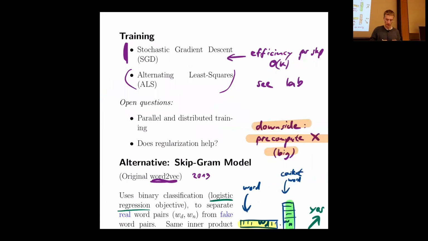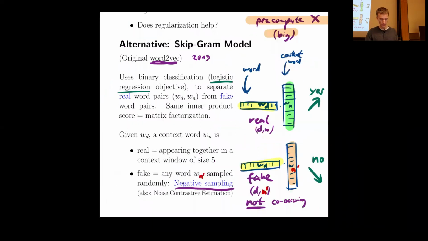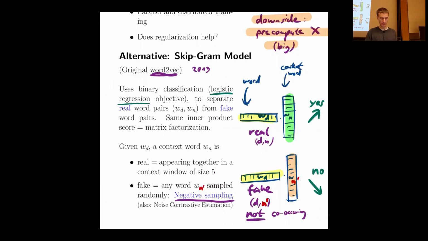Okay, so binary classification. It's kind of a cool interpretation that you can go from text to binary classification. It's also very cool to have a different classifier for every word. But the thing which is really the best about this is that now this can be trained while just streaming through the text.